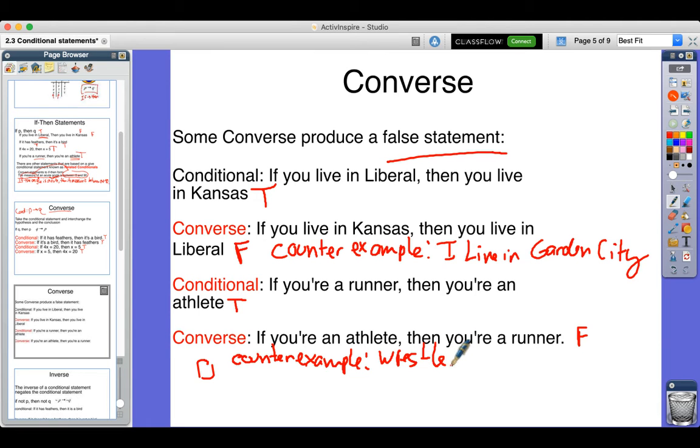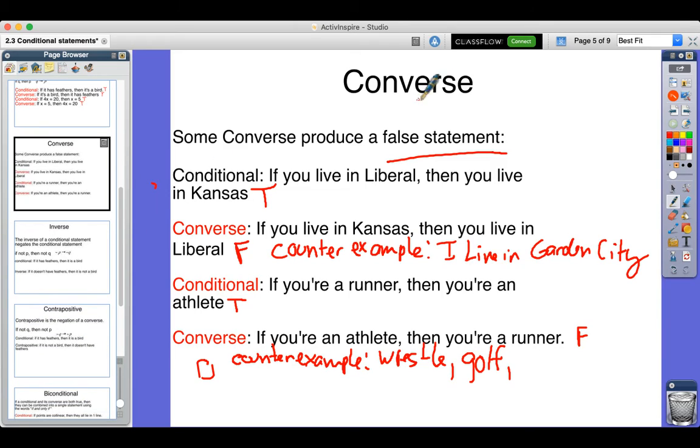We wrestle. I am a golfer. We golf, drive our carts around. What other sports? Any other person that's not necessarily a runner, but is still an athlete. These people are still athletes, but they're not runners. So be mindful of that: some converses produce false statements when you switch them around.